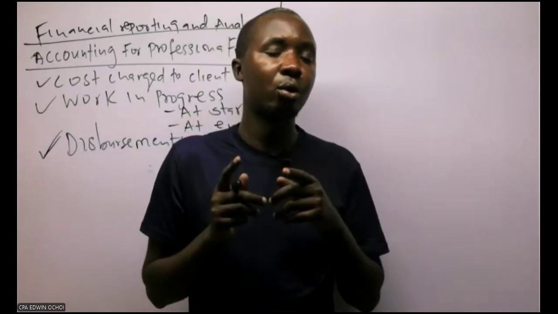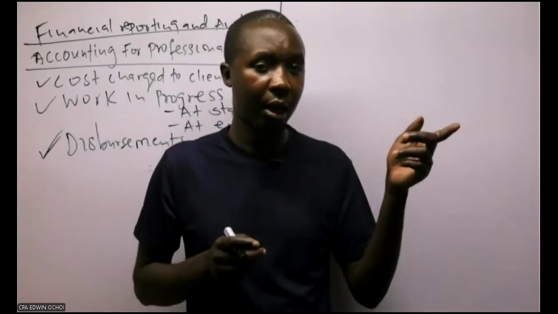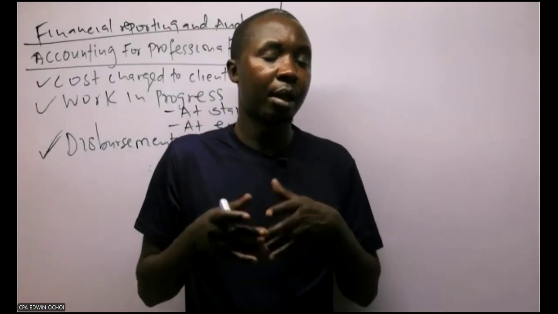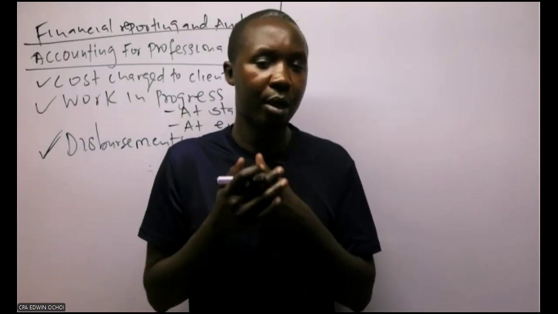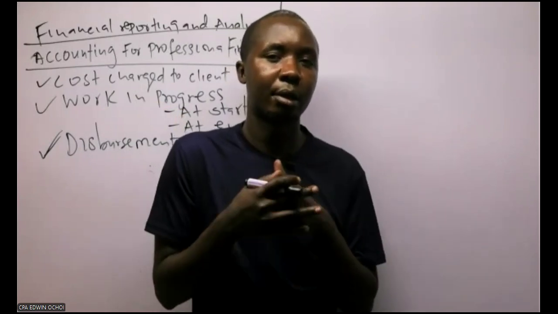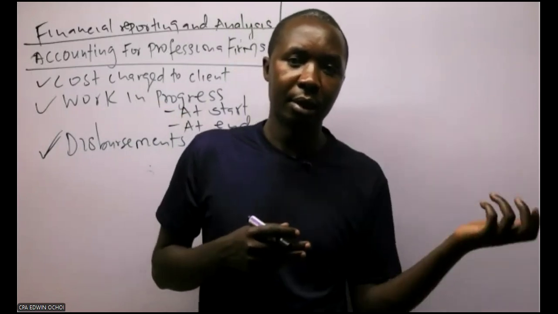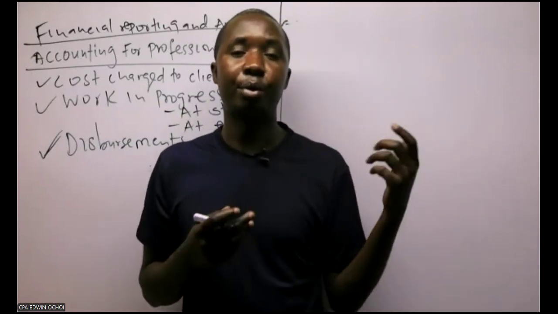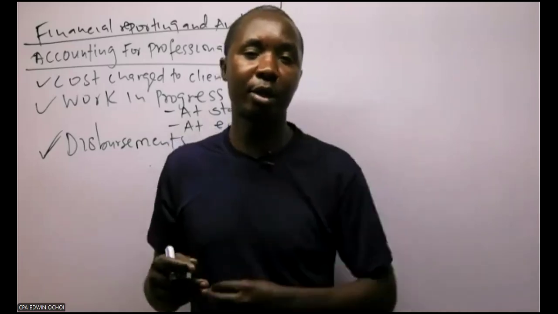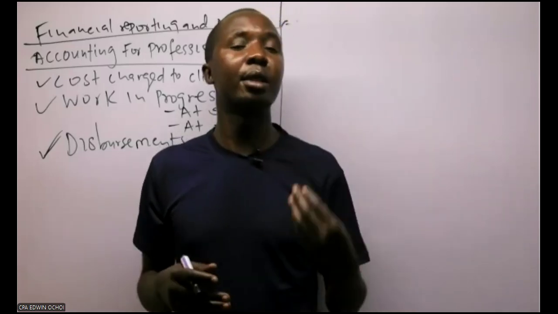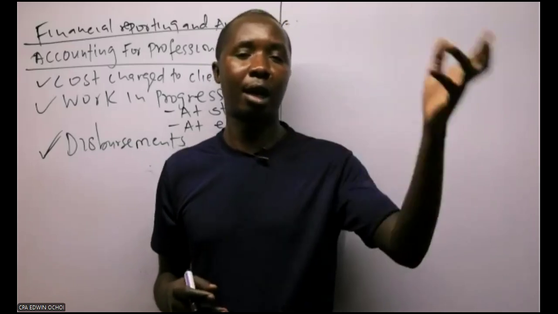Remember that as a professional practitioner, like an advocate, you are representing your client. At some point, you can make some payment on his behalf. So that is a disbursement, a payment made on behalf of the client.